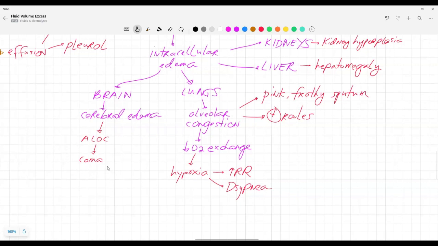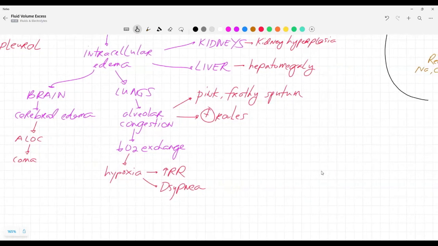And of course, there will be decreased brain function as well. And so we would want to watch the functioning of the medulla oblongata and see if there's alteration in the vital signs because of this issue. In the lungs, it's going to cause alveolar congestion, meaning the fluid is going to shift to inside the alveoli.